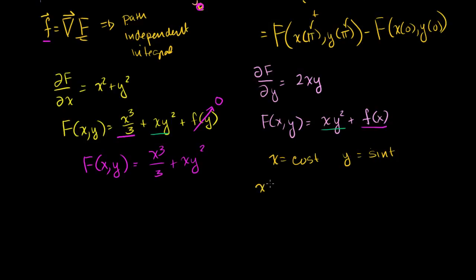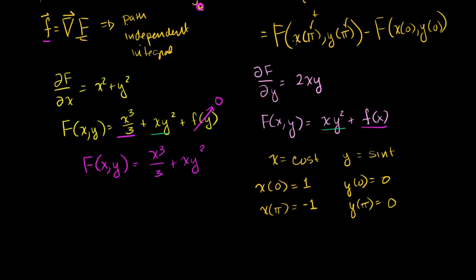So x of 0 is equal to cosine of 0, which is equal to 1. X of pi is equal to cosine of pi, which is equal to minus 1. Y of 0 is sine of 0, which is 0. Y of pi is equal to sine of pi, which is equal to 0.